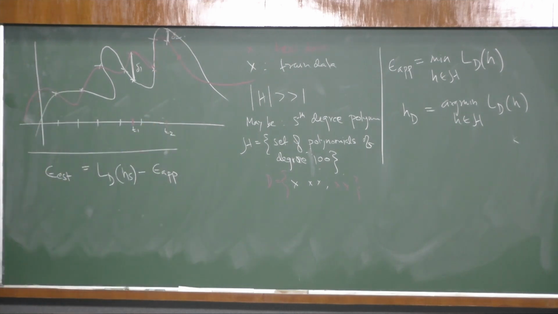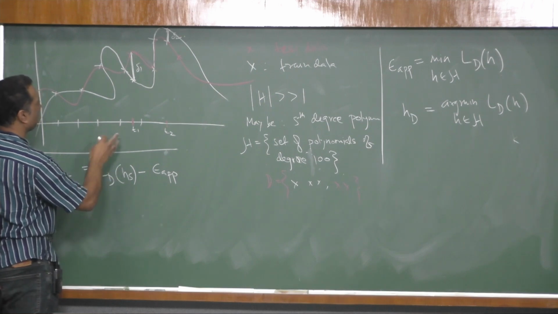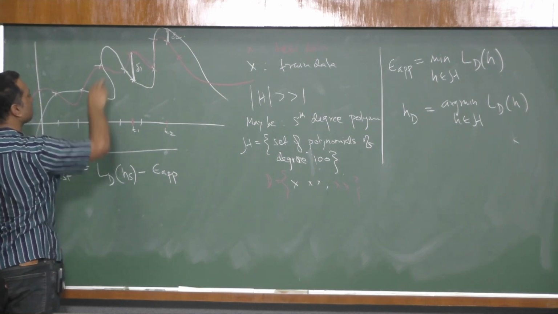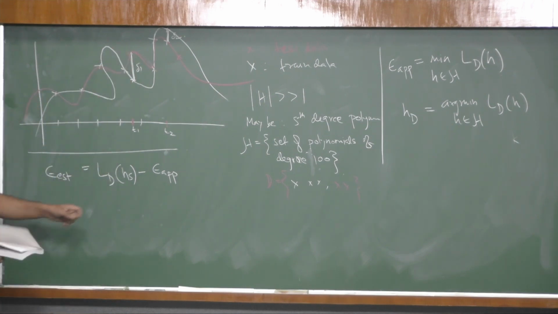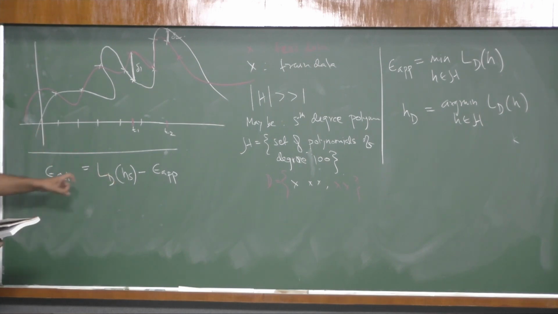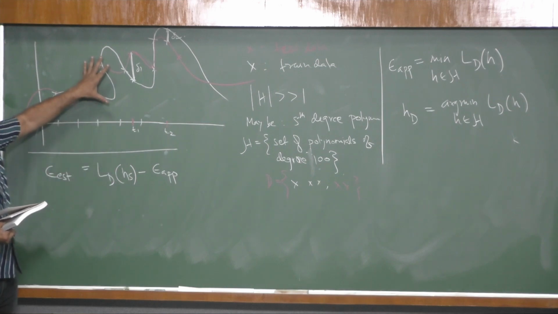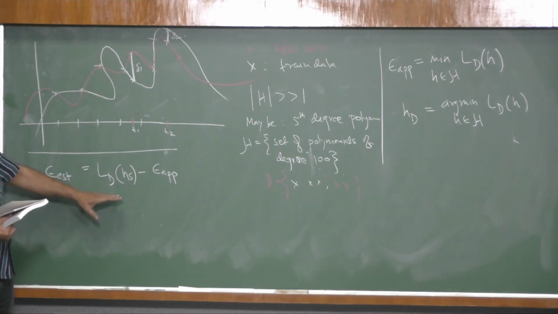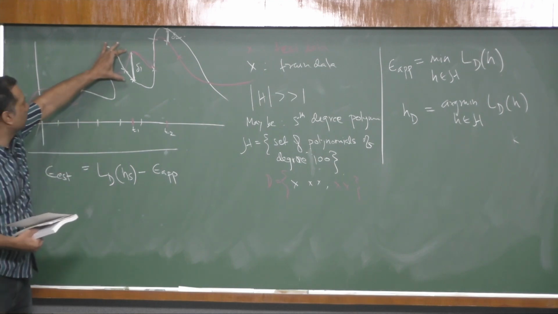Among this, the total L_D(h_S), which we can characterize in this case, the error is, if it was a classification problem, the number of points where they differ and so on. But what we are doing is a regression problem, so I hope you can adapt the loss for the regression. In this regression, it's the difference.